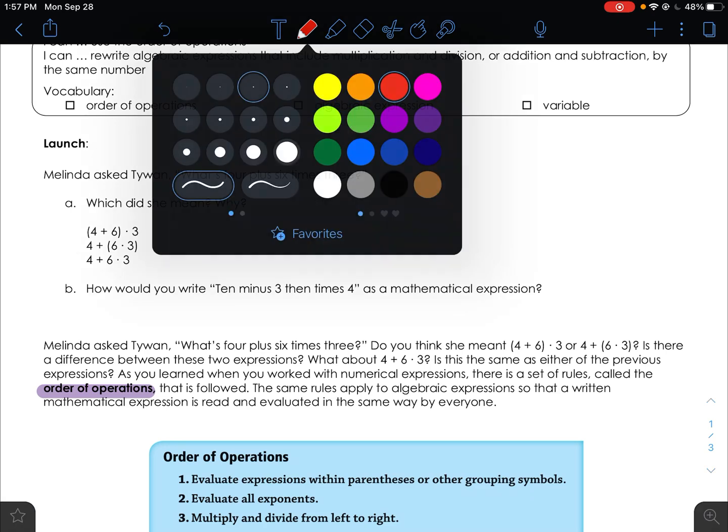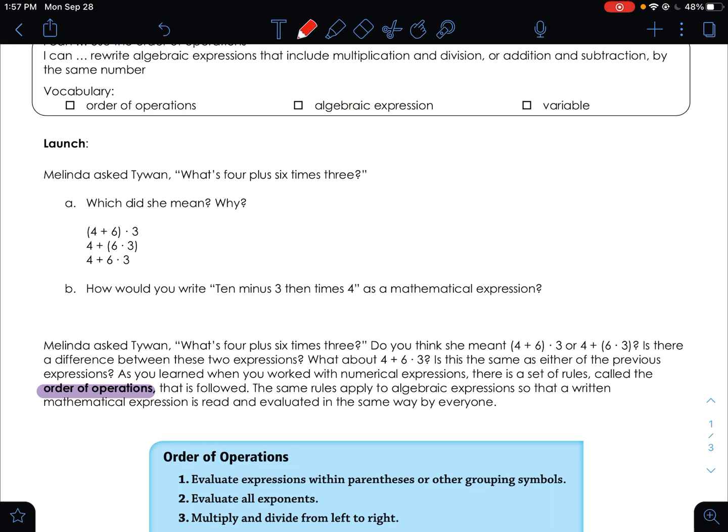If Melinda said, what's 4 plus 6 times 3? Notice I put a pause in there. That's sort of me grouping the 4 plus 6 together. With that pause, this first answer could be correct. If I said, what's 4 plus 6 times 3?